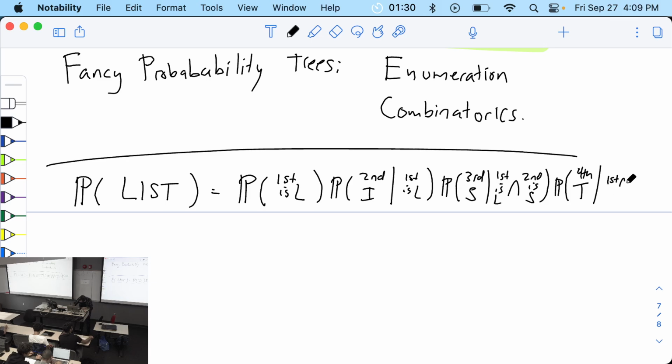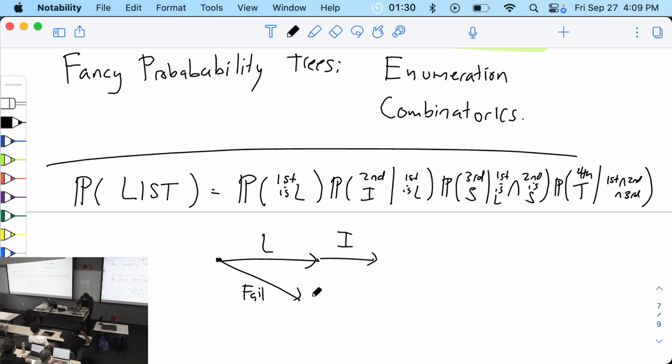I'll just write first, second, third, and you fill in how much detail you want there. Hopefully it makes sense. And this is exactly the probability tree of, did you get an L, or did you fail? And then you got an I, given that you got the first thing, and then you fail. Or an S and a T.